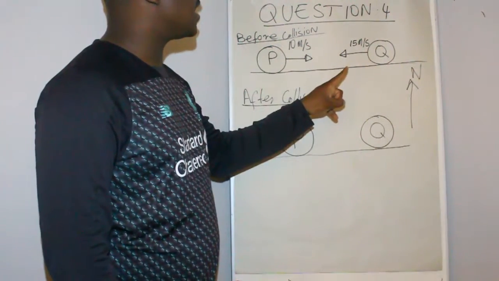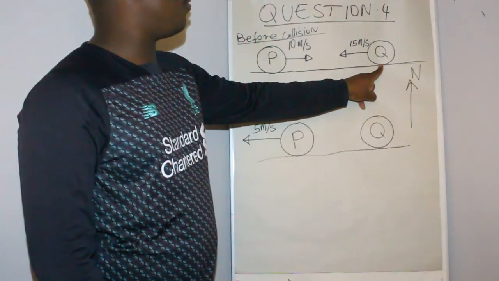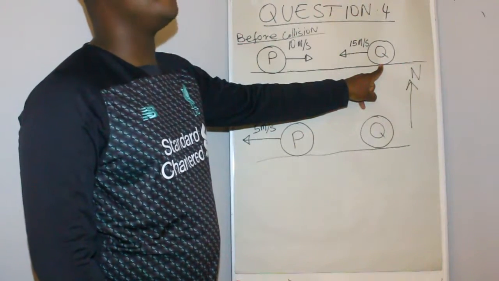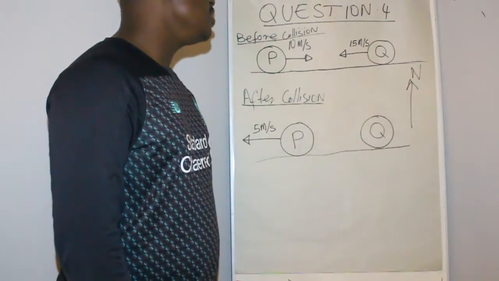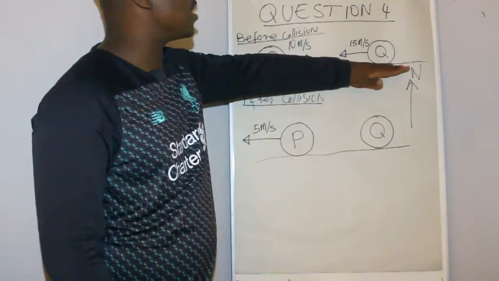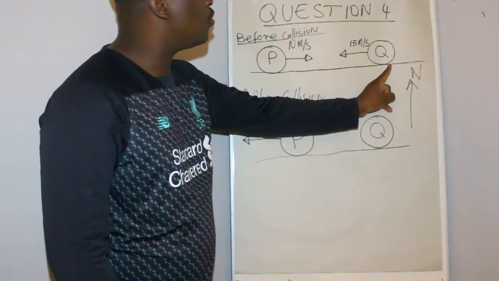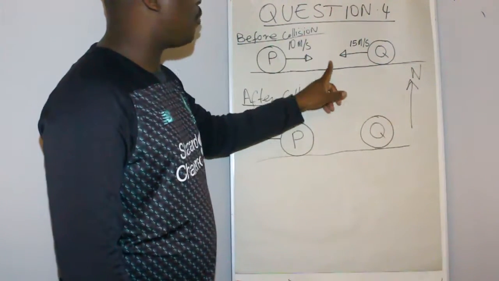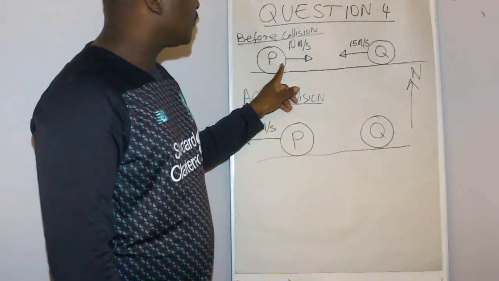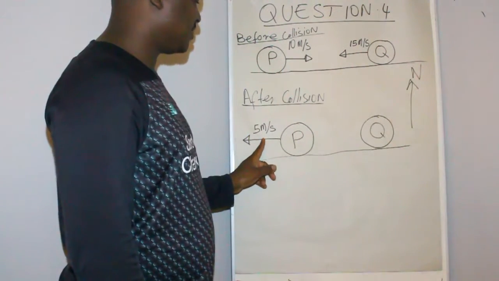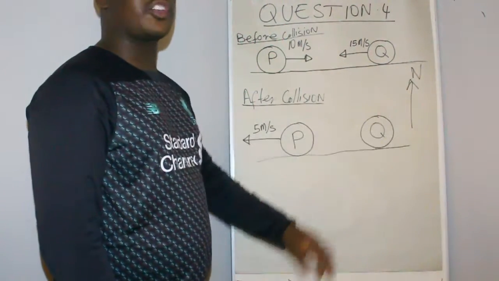As it moves in that direction, it collides with ball Q, which has a velocity of 15 meters per second, moving west. So this is before they collide: P is moving east and Q is moving west. These two balls collide. After collision, ball P moves west at 5 meters per second. They didn't say anything about ball Q.